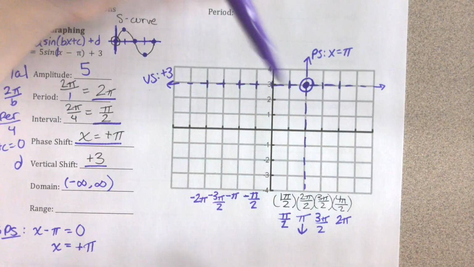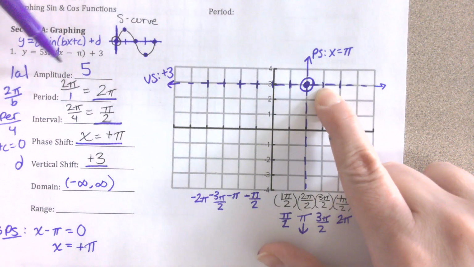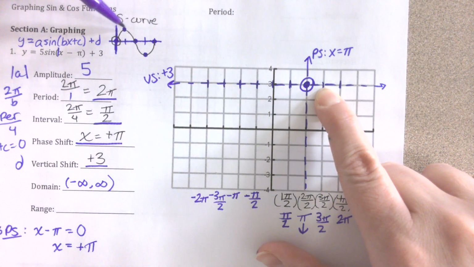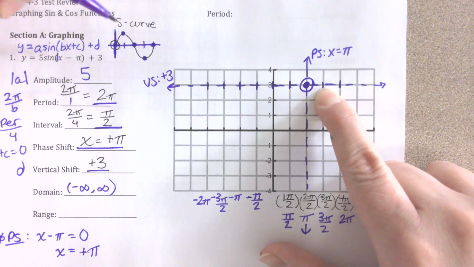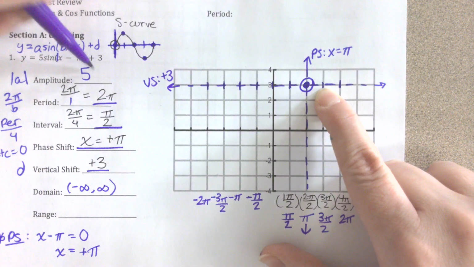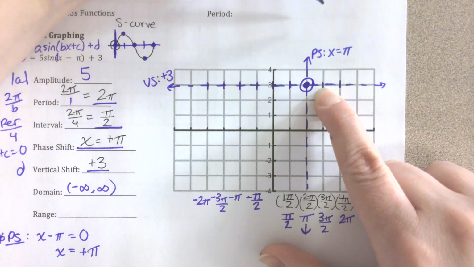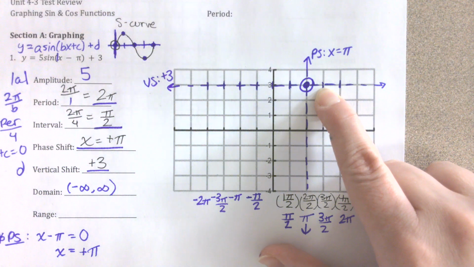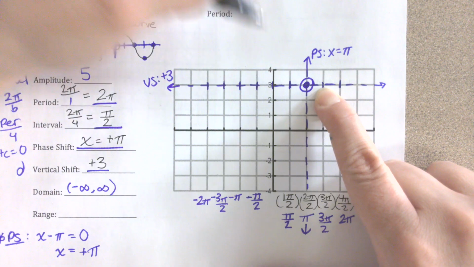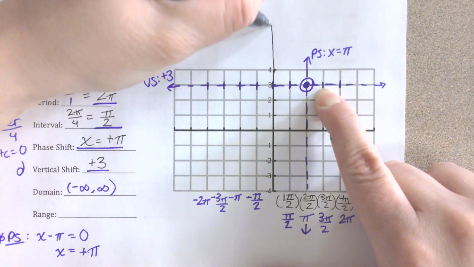All right, so our next notch, our next interval, we go up to the maximum, and that's determined by the amplitude. This tells you how far up and down to move for max and min. So I need to move up 5 from here. Clearly, I'm going to go off the graph, so I'm going to take a moment and extend my y-axis.